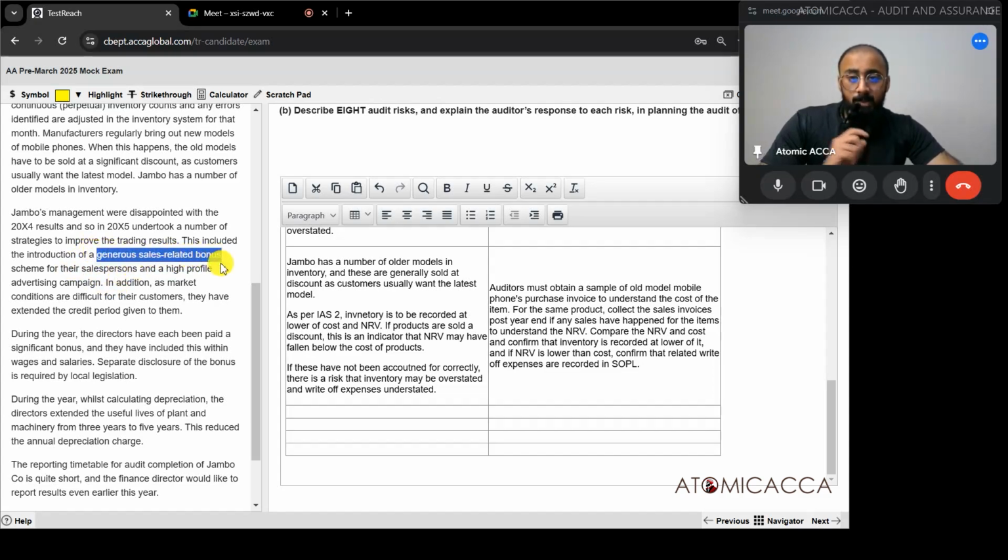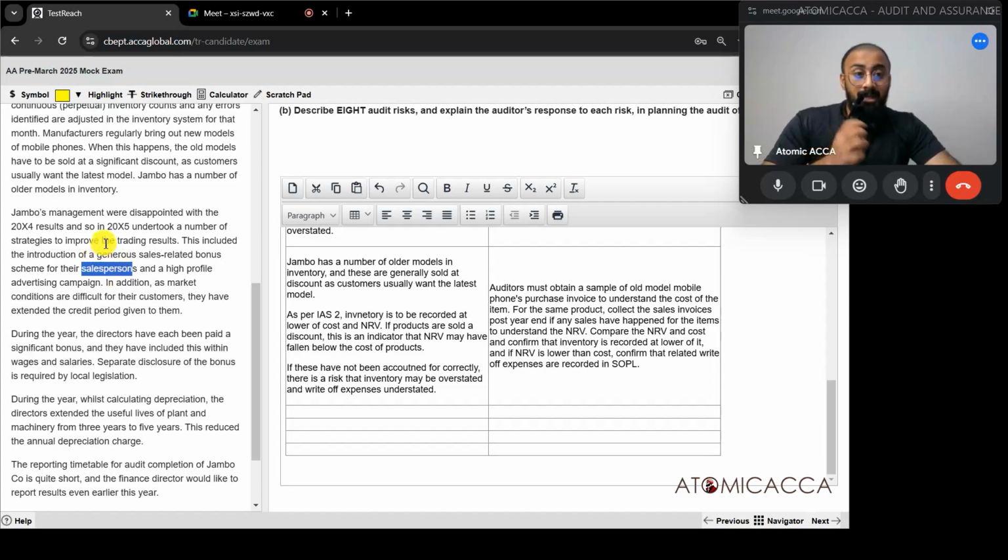and a high profile advertising campaign. Now, this is another indicator for audit risk. Whenever words that are too positive or too negative are there, this gives us an indication that something could go wrong over here. A generous sales related bonus means however much sales are being done, that much amount of bonus will be paid, given to the salesperson. So salespersons will be given a bonus based on the amount of sales.